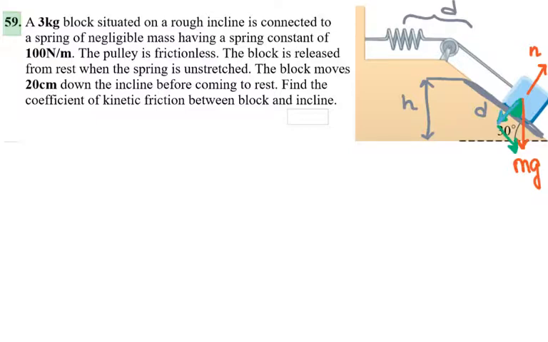Let me see which color is better. Maybe brown. So I have mg cosine and I have mg sine. Your normal force is going to be equal to mg cosine theta.